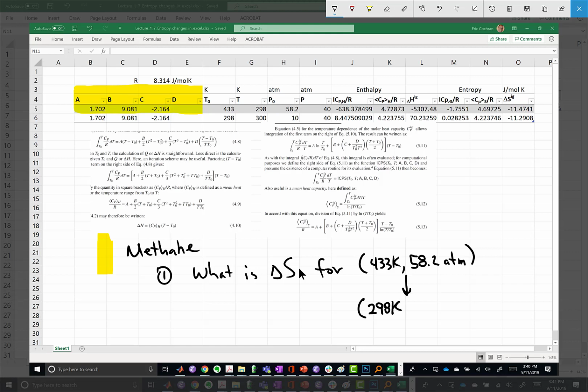So 298 Kelvin and 40 atmospheres. All right, and so to do that, we're going to set up this section of the spreadsheet next. This is where we're going to put in the initial conditions: the initial temperature, the initial pressure, the final temperature, and the final pressure.